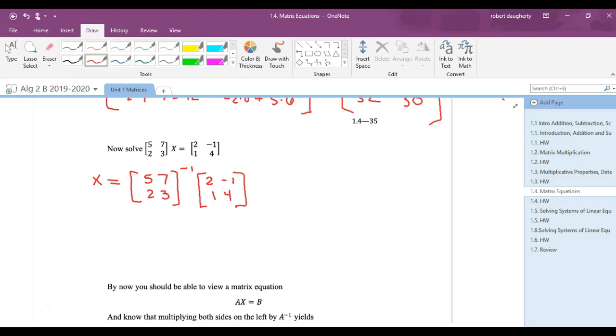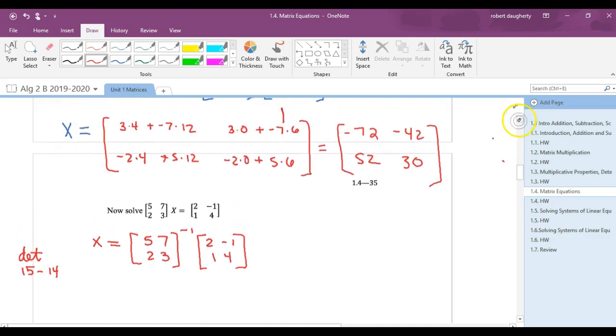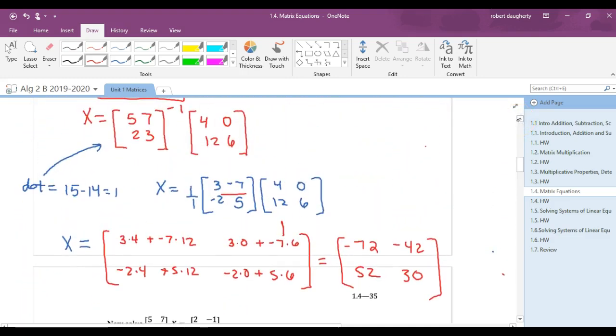So let's find the inverse. To find the inverse, I must first find the determinant. So the determinant is going to be 5 times 3, that's 15. Is this the same problem? It's the same problem, isn't it? Is it different? Oh yeah, the second matrix is different but the first is the same.